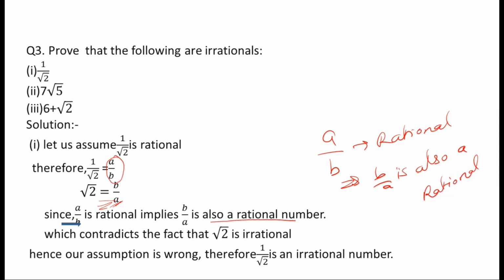This is a contradiction, because b by a is equals to root 2, and root 2 is already an irrational number, which shows that 1 by root 2 is also an irrational number. Therefore, our assumption that 1 by root 2 is a rational number is wrong. Therefore, 1 by root 2 is an irrational number.